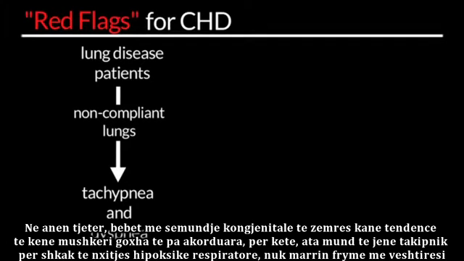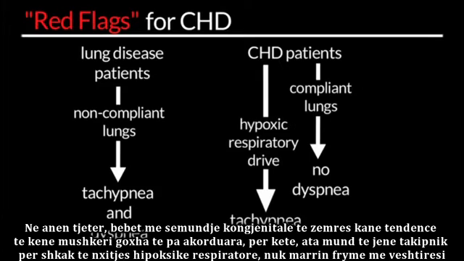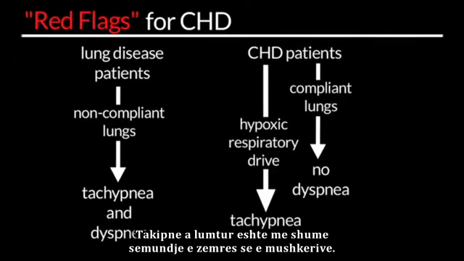On the other hand, babies with congenital heart disease tend to have very compliant lungs, and hence, although they will be tachypneic because of a hypoxic respiratory drive, they don't tend to breathe particularly hard. And so happy tachypnea tends to make one think more of heart disease and less of lung disease.